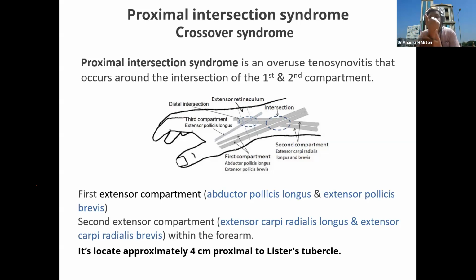This is the area where you find the maximum pain during palpation.